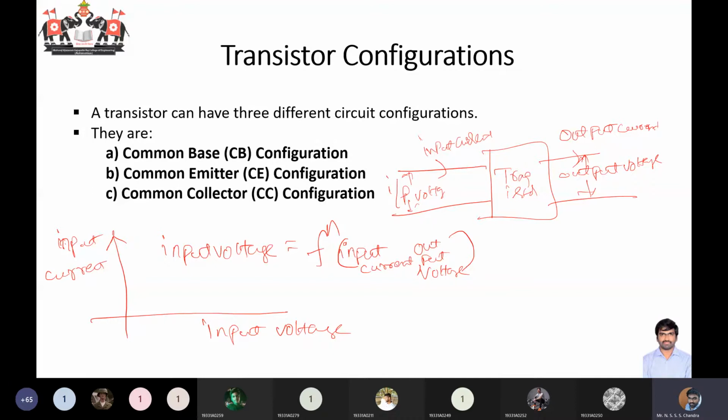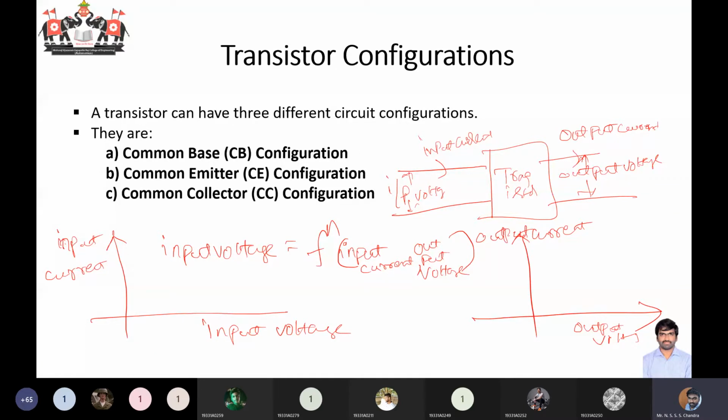And then similarly, you can have your output characteristics. Output characteristics are nothing but a graph of output voltage versus output current. So if you draw the graph between the output voltage versus output current, then it's said to be the output characteristics.